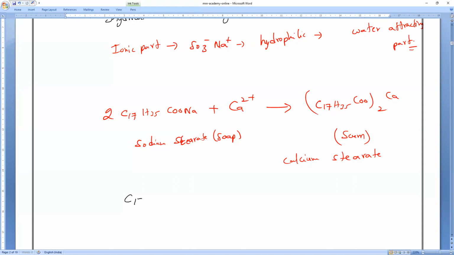Or if you take magnesium, C17H35COONa, sodium stearate, it will react with the magnesium ions. Then also they will form (C17H35COO)2Mg.